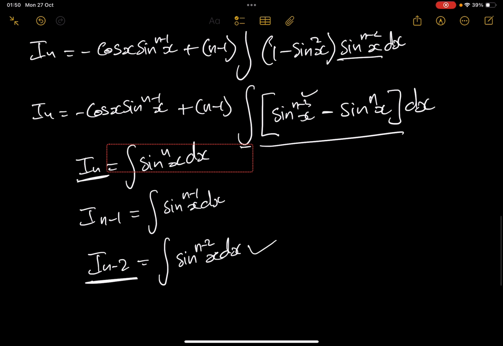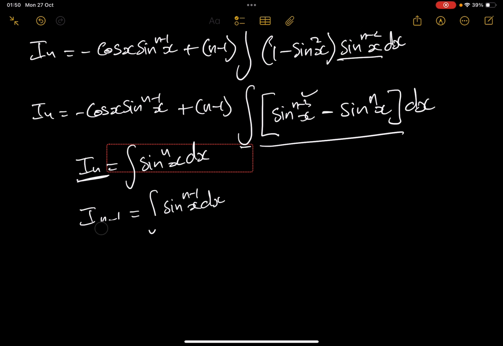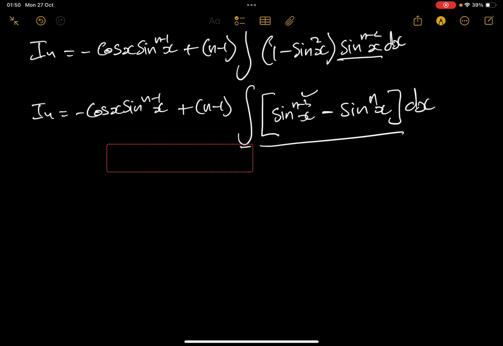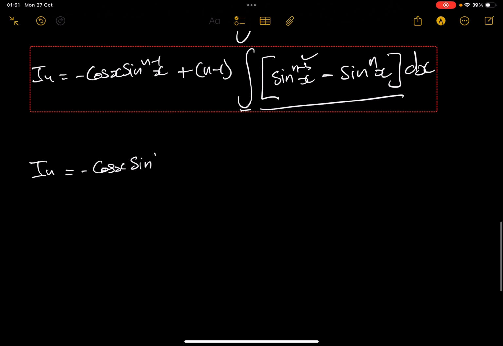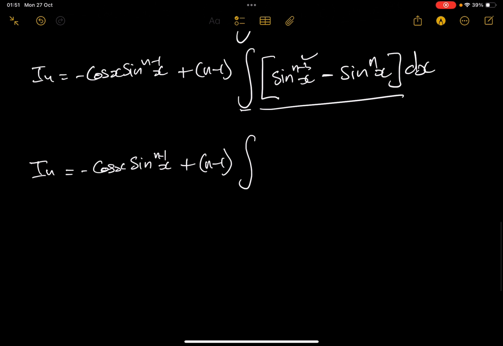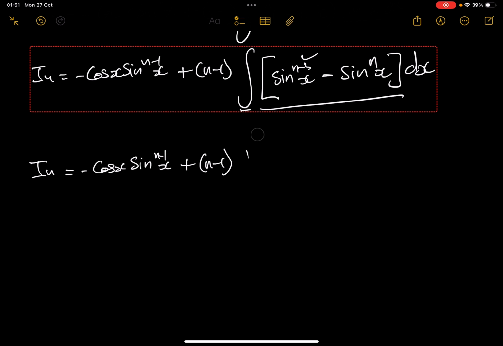So now we are going to have I_n is equal to minus cos x sin^(n-1) x plus (n-1) times the integral, or let's not use the integral anymore because we are substituting.